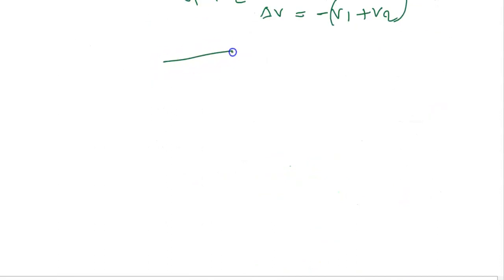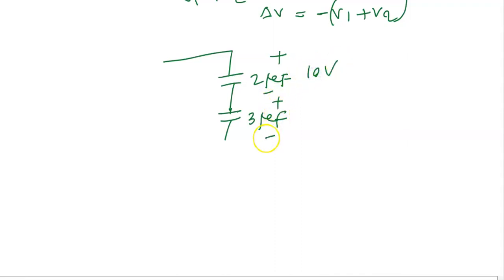Let us consider the case here: 2 microfarad, then here we have 3 microfarad. This is the initial voltage, let's say 10 volt, and here we have an initial voltage of 2 volt, and the switch is closed.